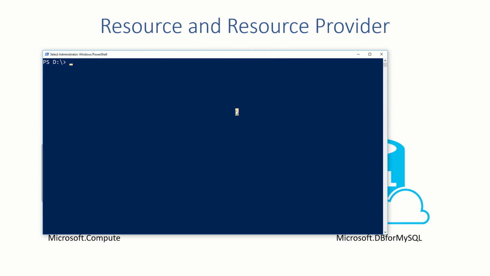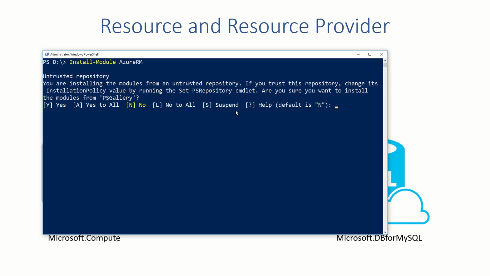So the very first command that you have to type would be Install-Module AzureRM. This command is going to check if this module is already installed or not. If it is already installed, you can just import it. If it is not, then you can install it from here itself. On my machine, it is already installed. You guys do try this command and install it.